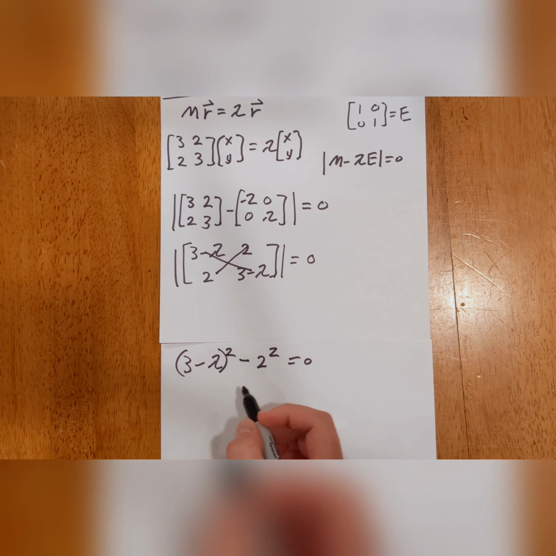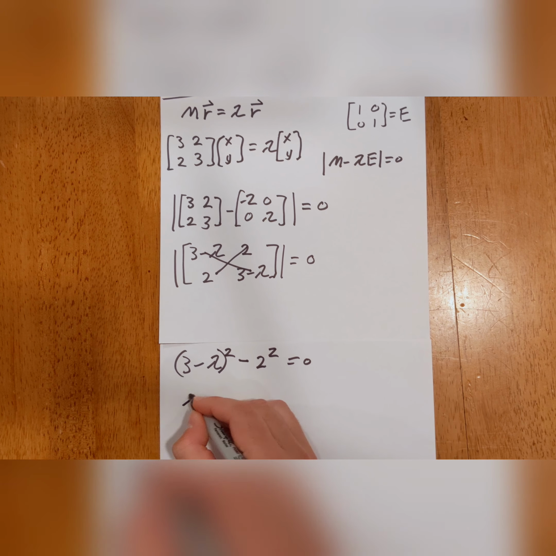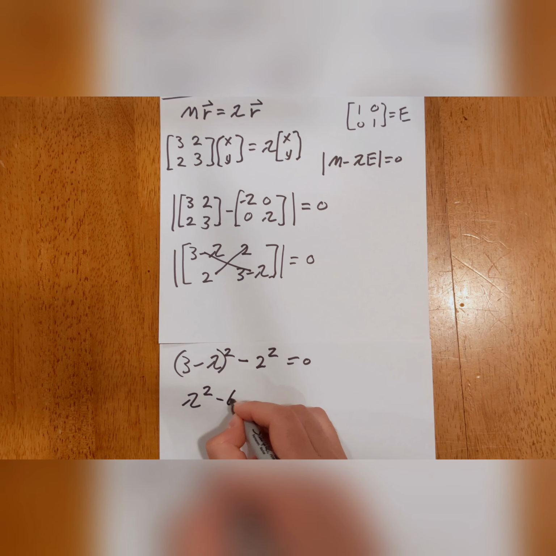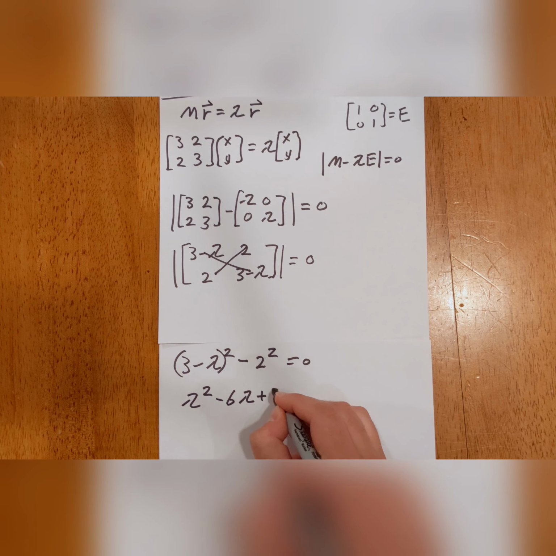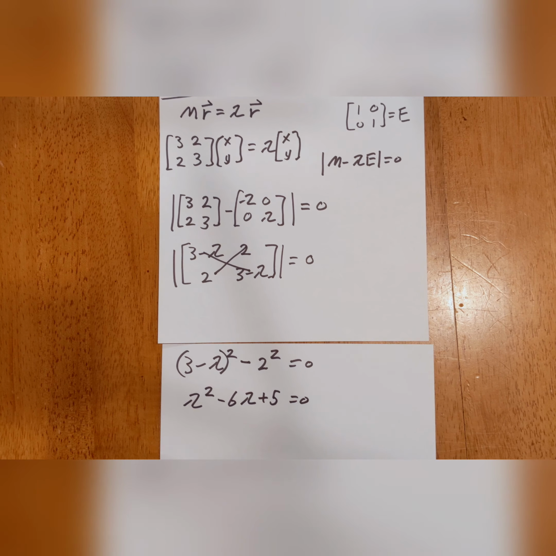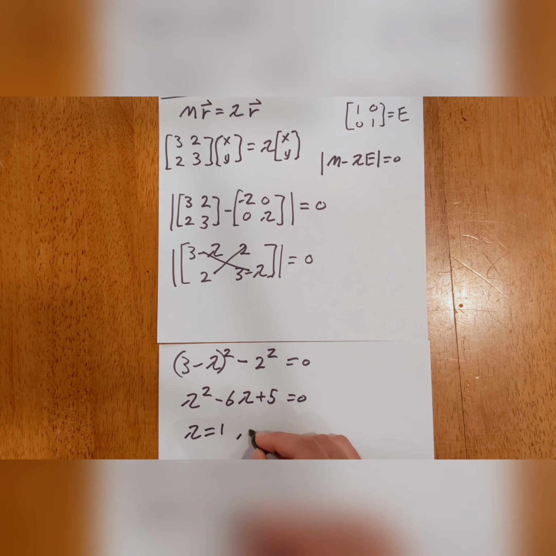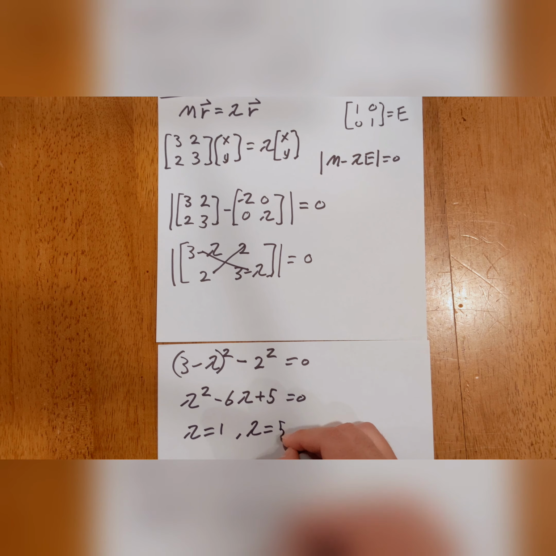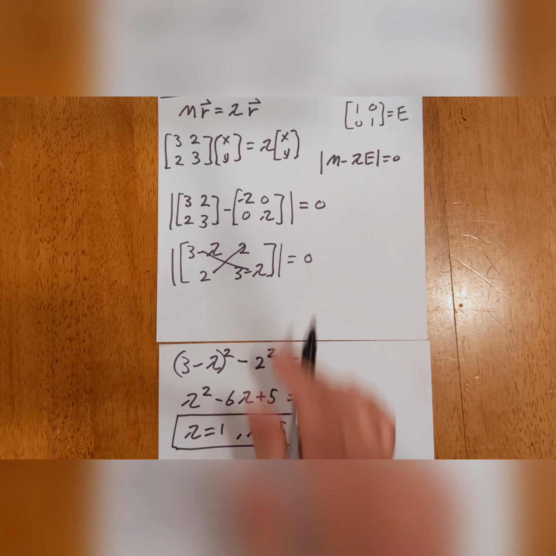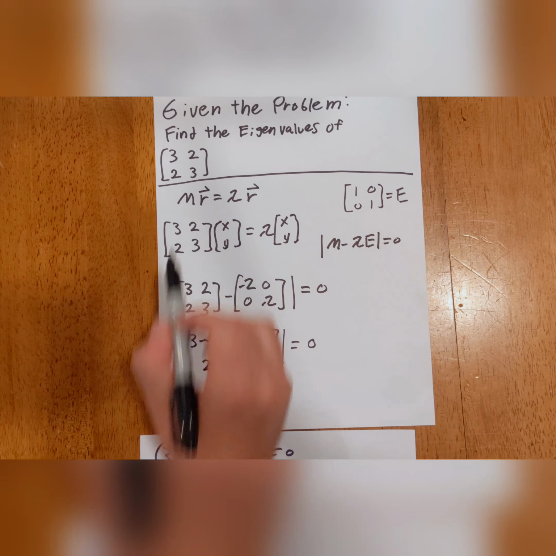Now we can factor this, and we get lambda squared minus 6 lambda plus 5. And factoring this, we get lambda equals 1 and lambda equals 5. So these are our eigenvalues for the matrix 3, 2, 2, 3.